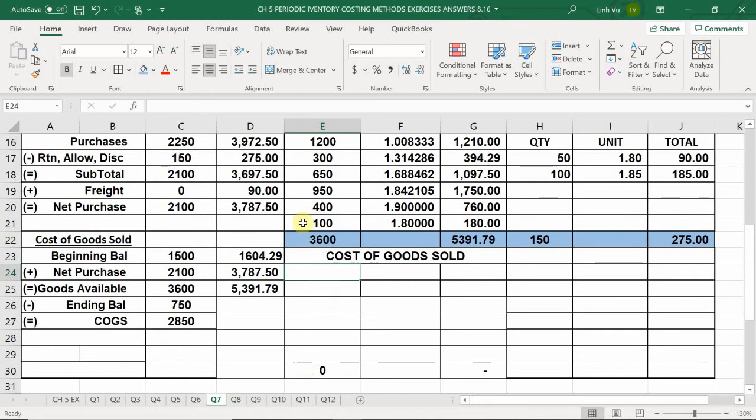So out of my batches of inventory, which inventory item are we going to sell first? We're doing LIFO, correct. For 100?